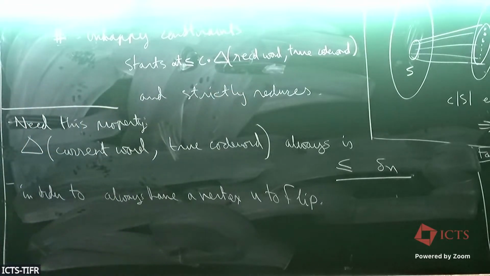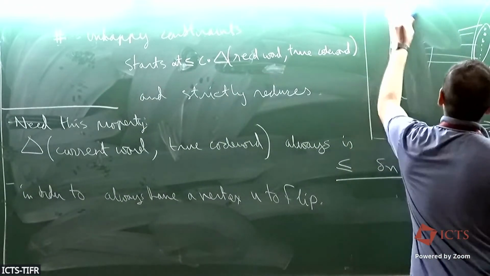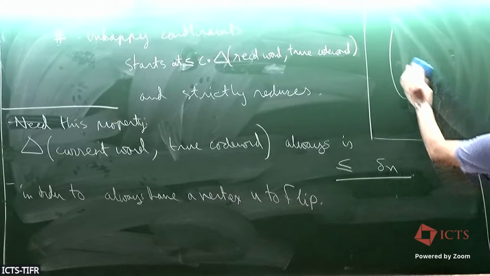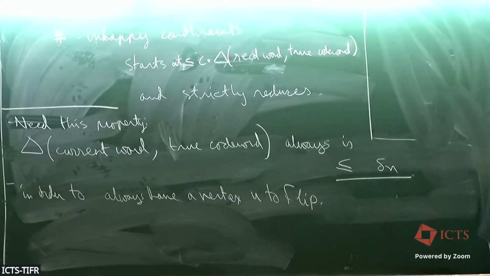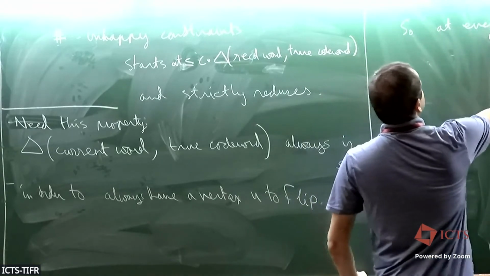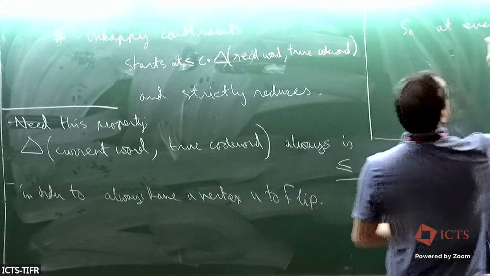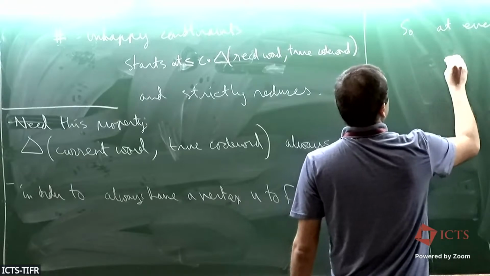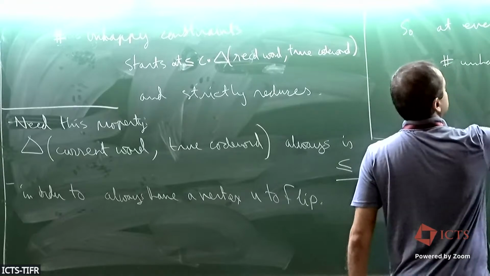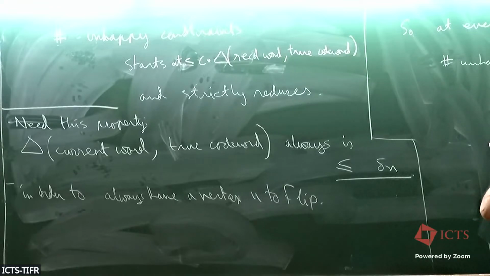And this means, good, so at every stage of the algorithm, the number of unhappy constraints is at most C times delta n over 2.